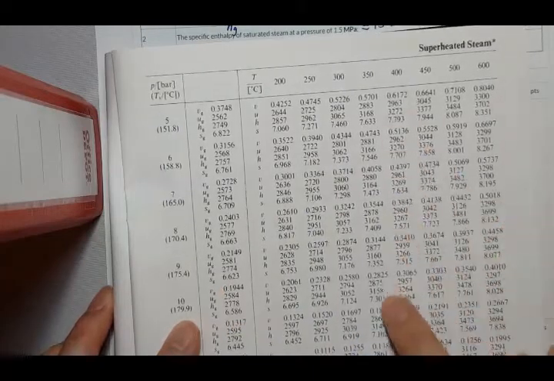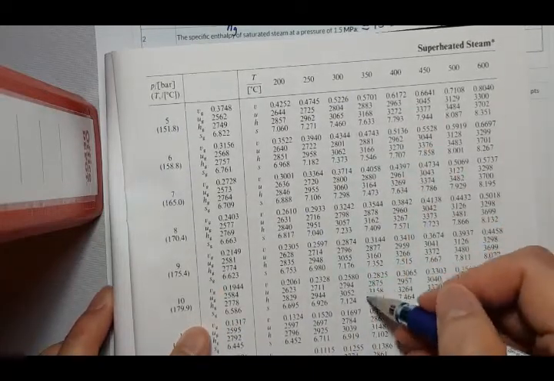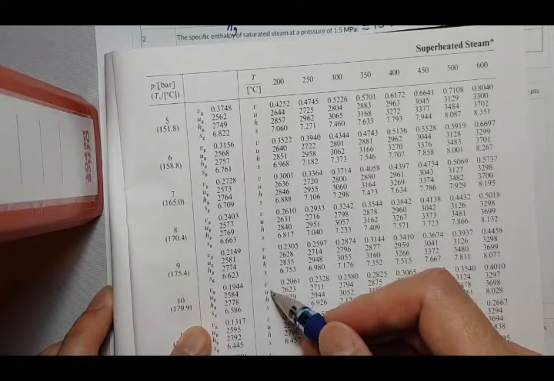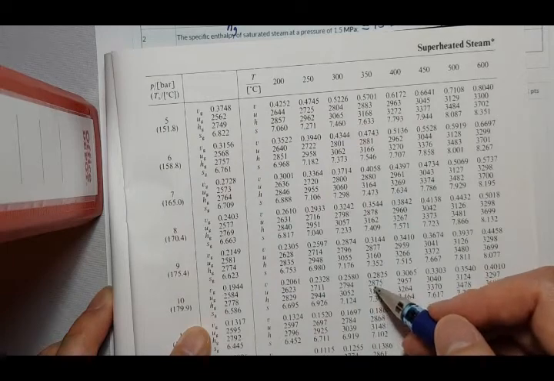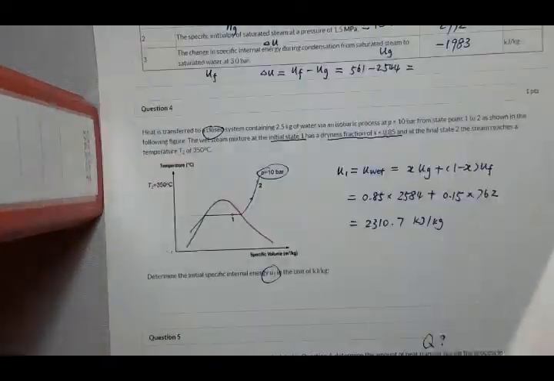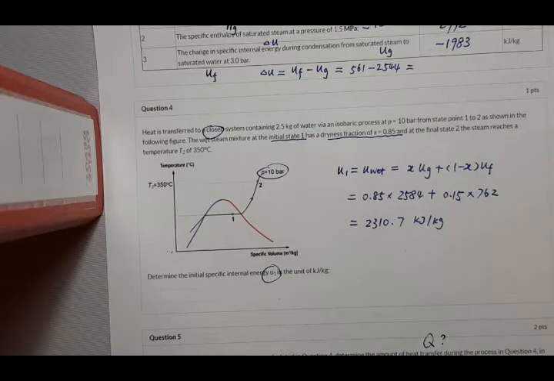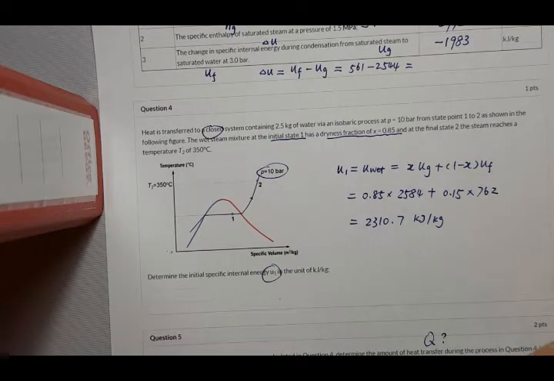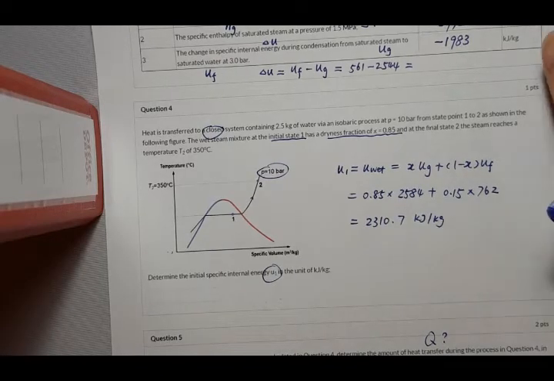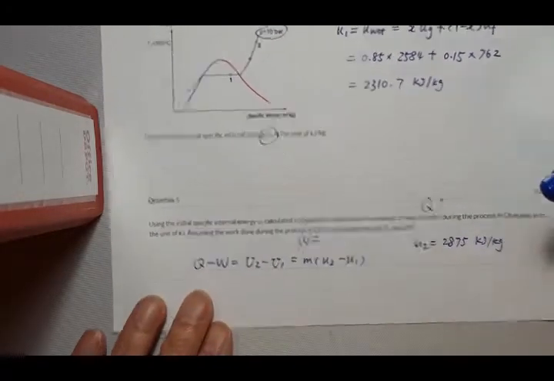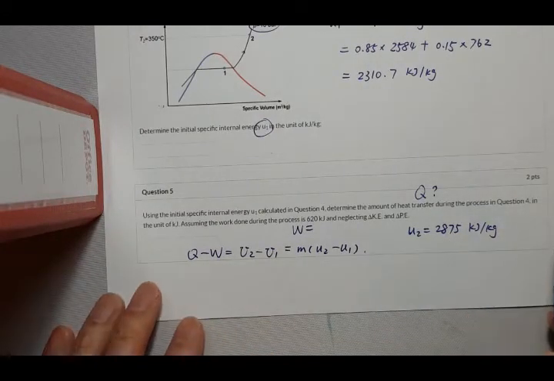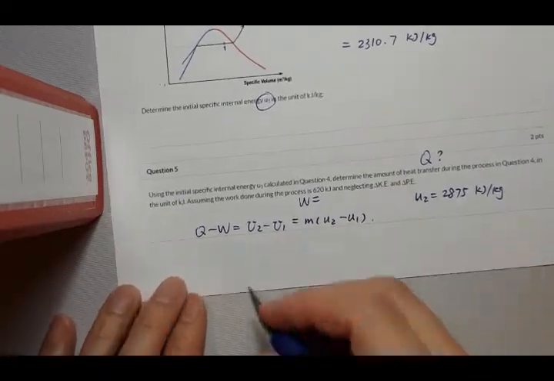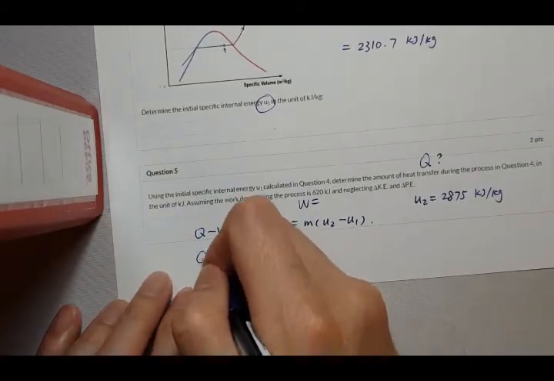Here we have a group of 4 data: V, U, H, S. We're looking at U, so that's the second, which is here, 2875. I just wrote here U2 is 2875, for superheated steam.